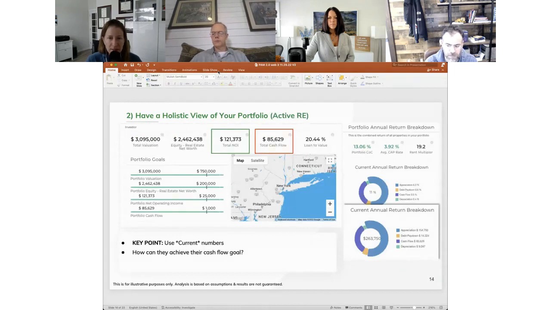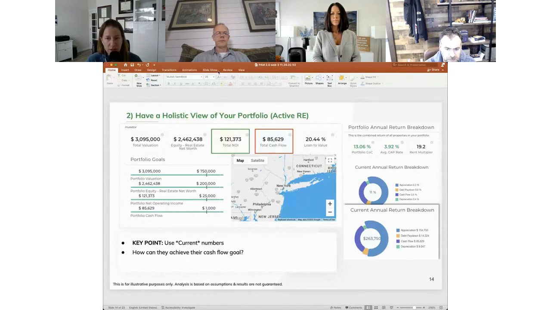So going into his active real estate portfolio, really the key features that we want you to focus your attention to is that right now he has $85,000 in yearly cash flow. And again, his goal was $100,000 in yearly cash flow. He has total NOI of about $121,000 because he has those couple of leveraged properties.